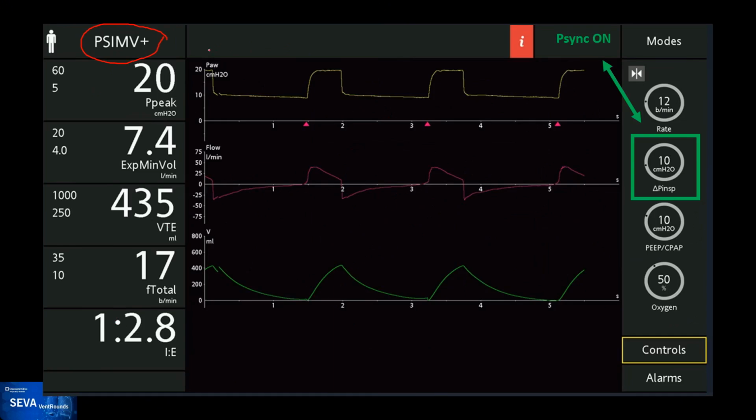The Hamilton C6 has in the option panel an option called P-Sync that, when activated, changes the mode from being an IMV type 1 to an IMV type 2. Rob, can you describe the differences between IMV type 1 and type 2?